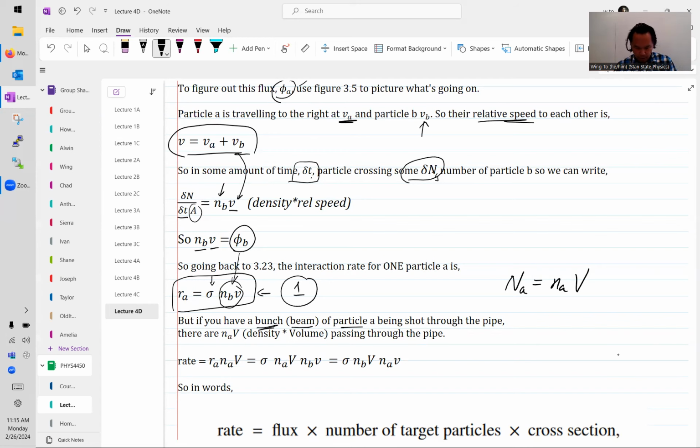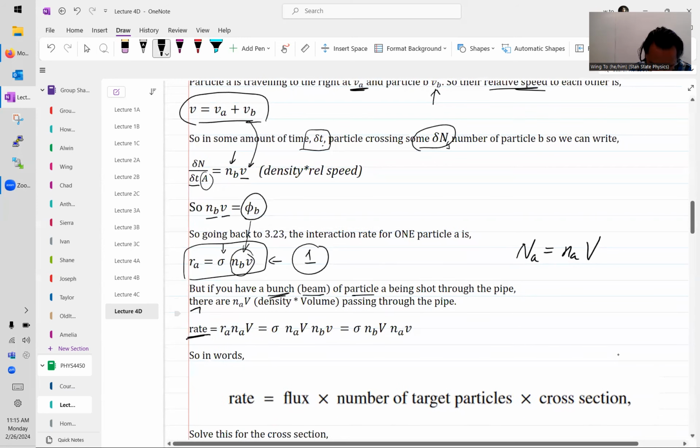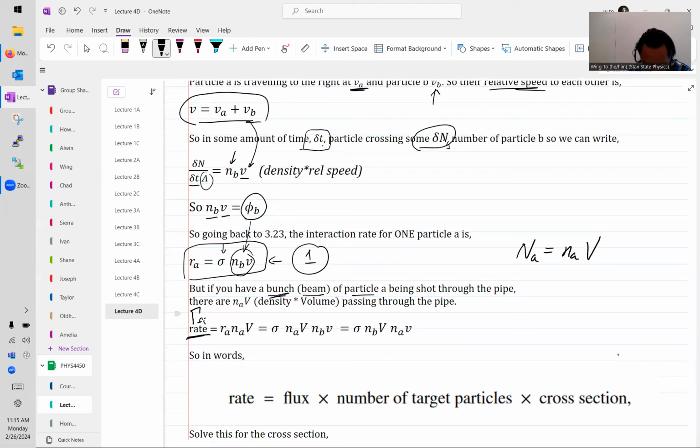We're just counting how many particles are flowing into your little pipe. So the rate of interaction, which turns out to be our gamma that we've been playing with, is going to be whatever R_A is times this number of particles. In this case, it's going to be lowercase n, which is the density. So this is the density of A per volume, times the volume itself, of course.